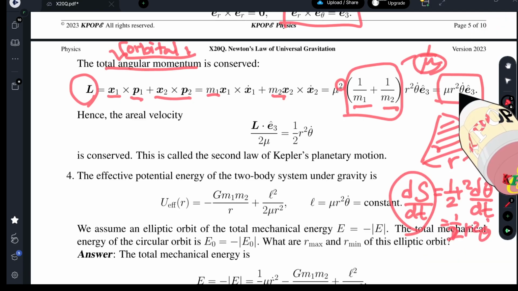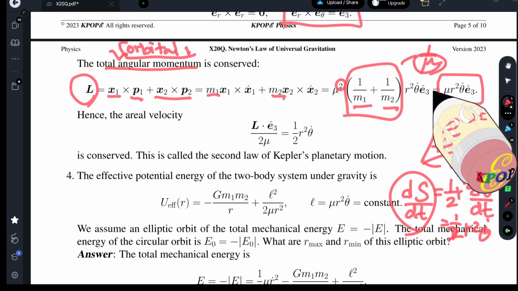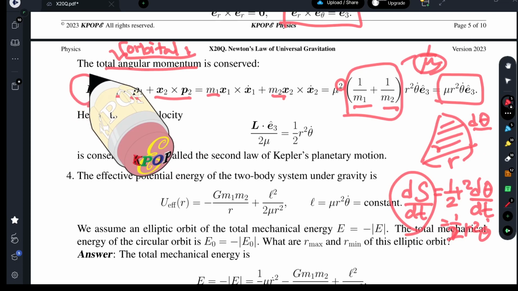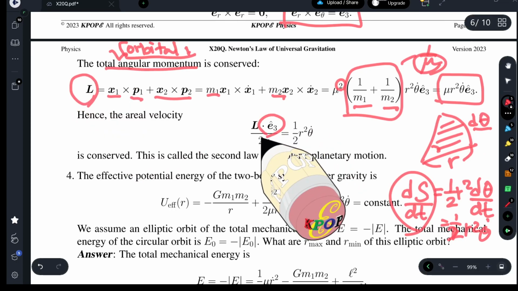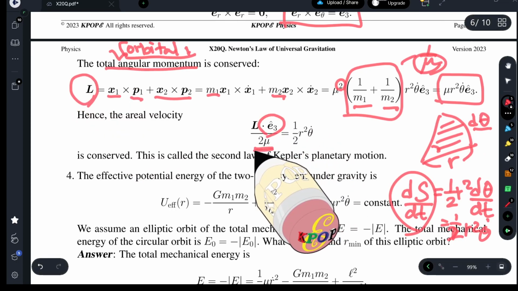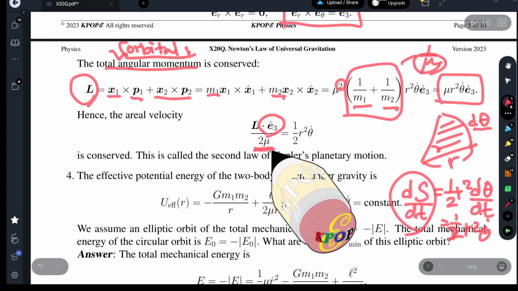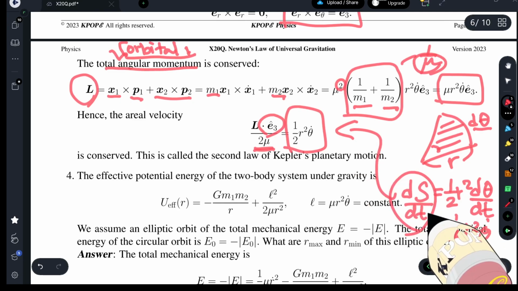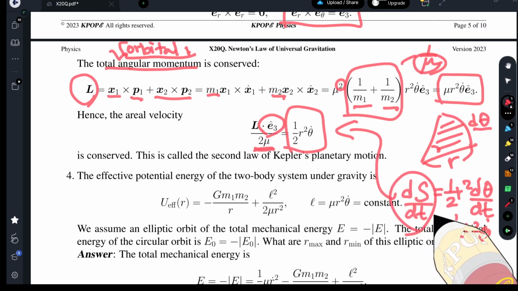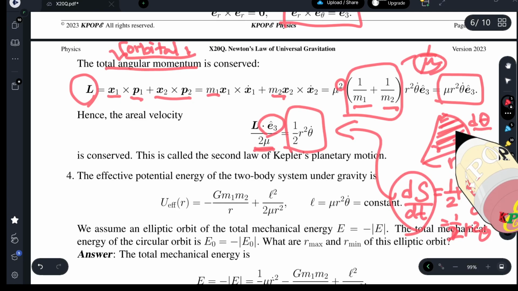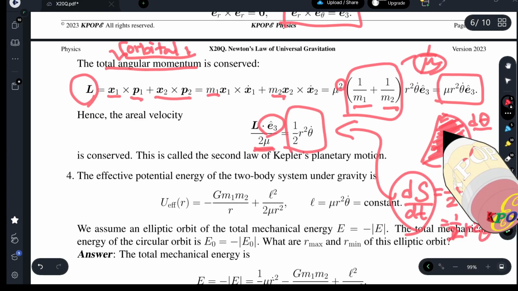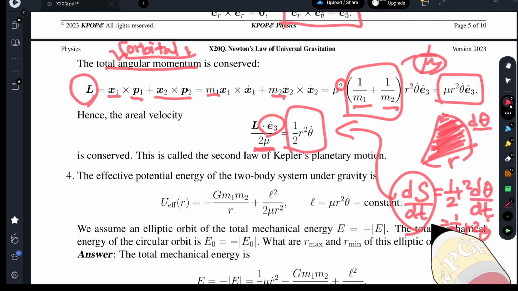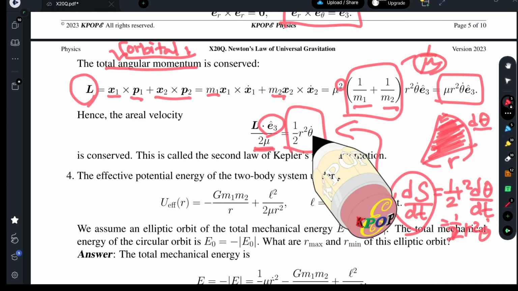Okay, 1/2 r squared theta dot is completely expressed in terms of the orbital angular momentum's scalar product with e3 hat divided by 2 times the reduced mass. And this is nothing but the areal velocity. The area swept by the orbit per unit time is called the areal velocity.